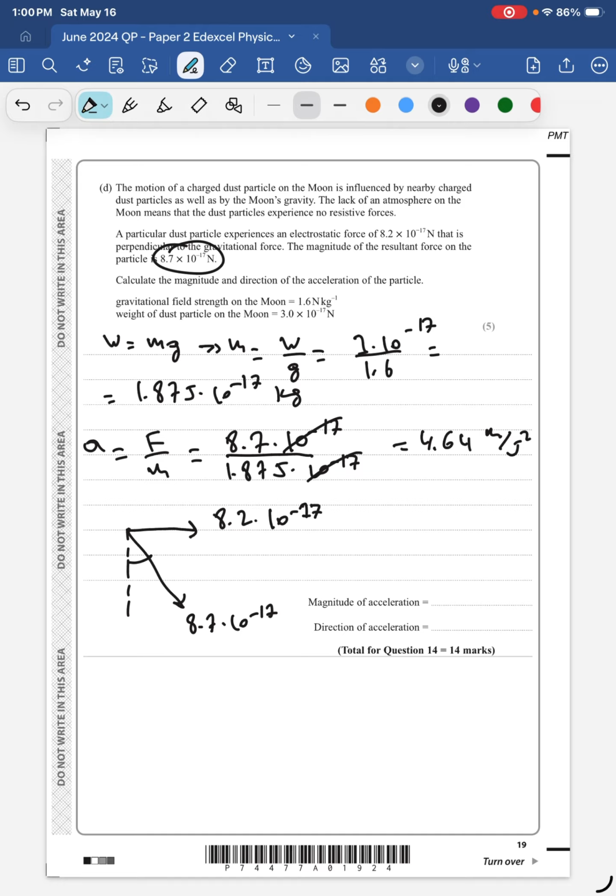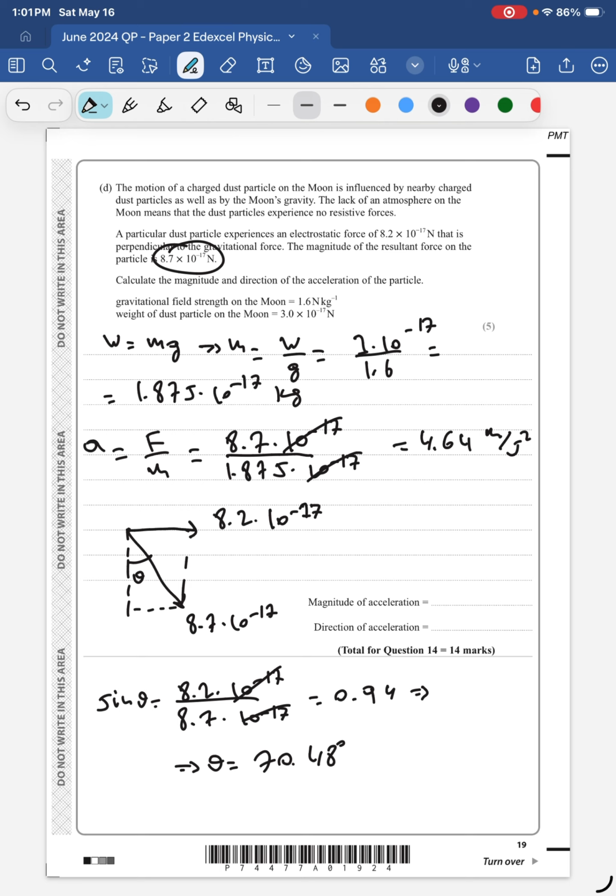So we can find the angle with respect to the vertical. Sine theta is 8.2 times 10 to the negative 17, which is this side, the same as that side, over the hypotenuse, which is 8.7 times 10 to the negative 17, yields 0.94. So theta is 70.48 degrees.